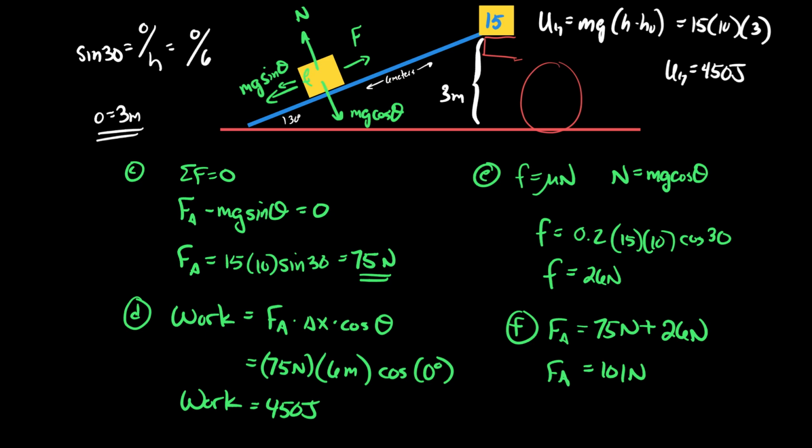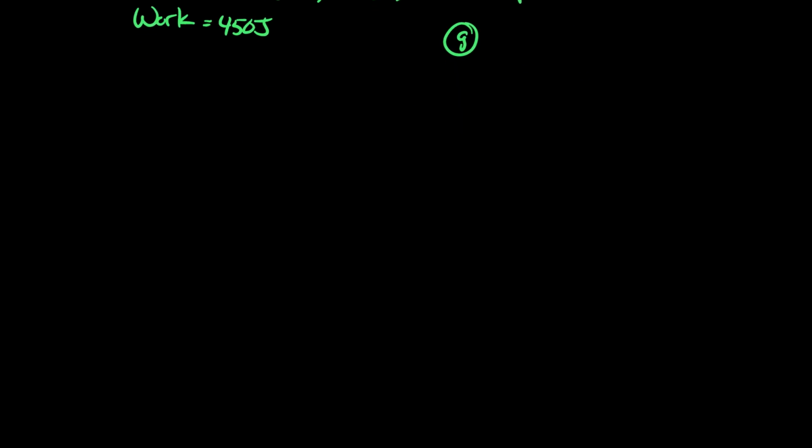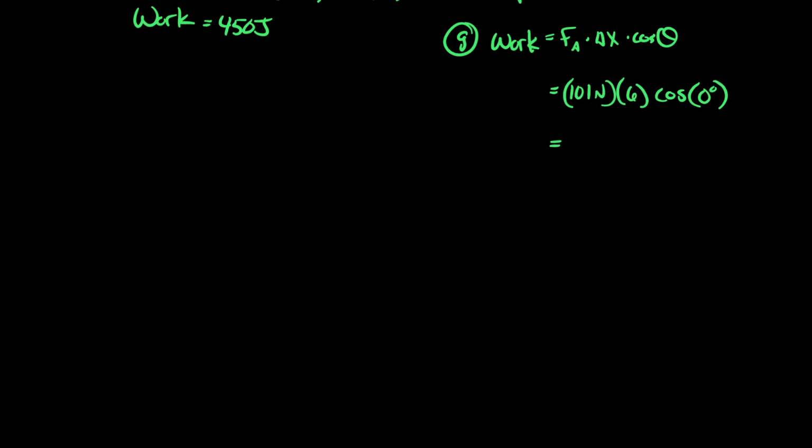How much work is done getting the box to the top of the ramp? All right, well, I'm applying 101 newtons. This sounds like a repeat of a problem I've already done, but let's go with it. Work equals my force times the displacement times the cosine of theta, but because there's friction now, I apply 101 newtons of force over a displacement of 6 meters, and my force is in the direction of motion, so it's cosine of 0 degrees.